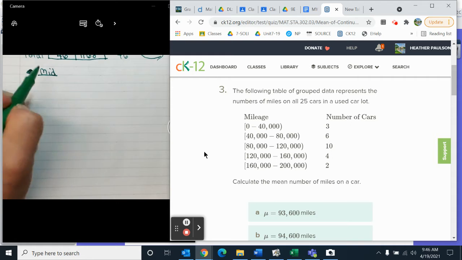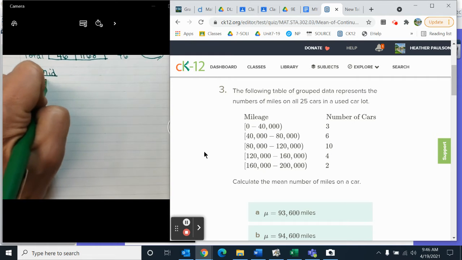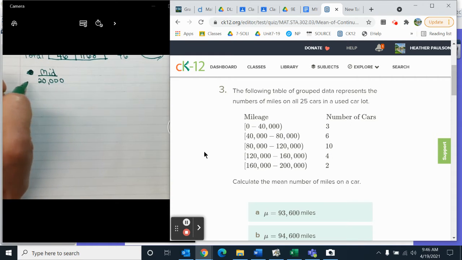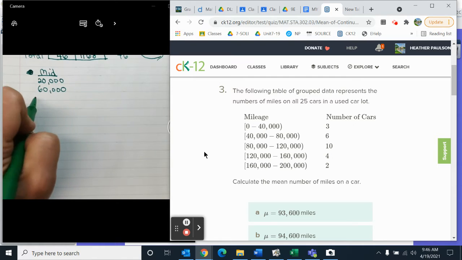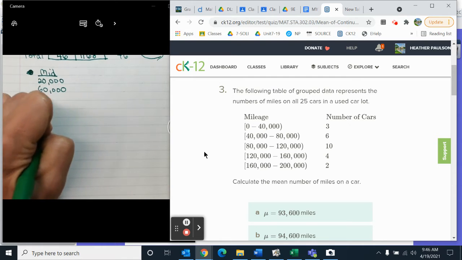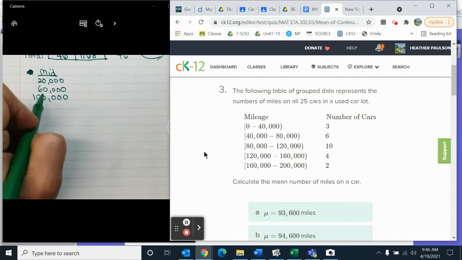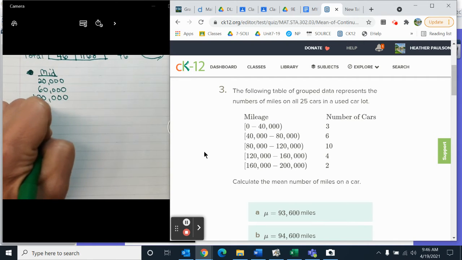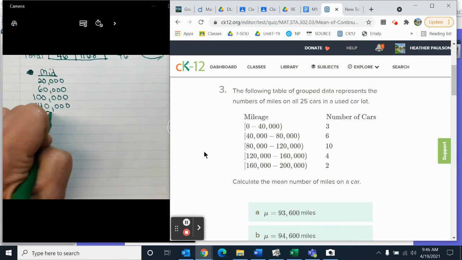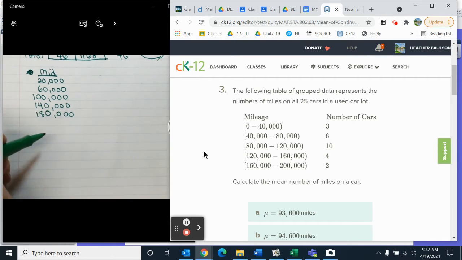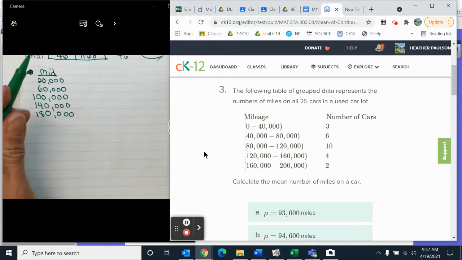So the middle between 0 and 40,000 is 20,000, and then 60,000, and then 100,000, and then 140,000, and then 180,000. And notice all the intervals are increasing by 40,000.